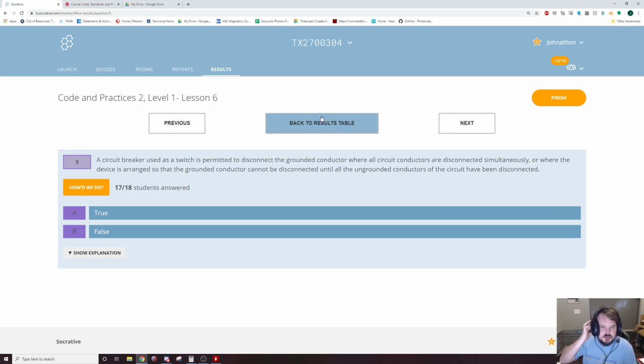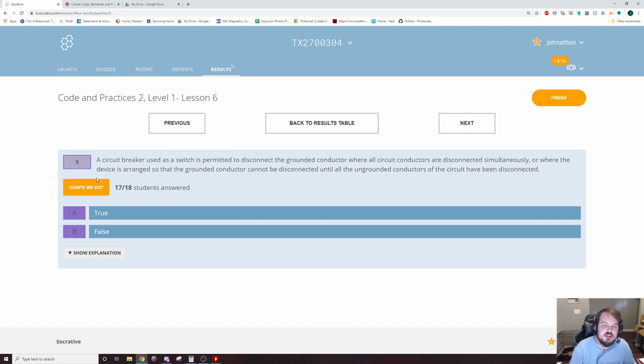A circuit breaker used as a switch is permitted to disconnect the grounded conductor where all circuit conductors are disconnected simultaneously, or where these devices are arranged.